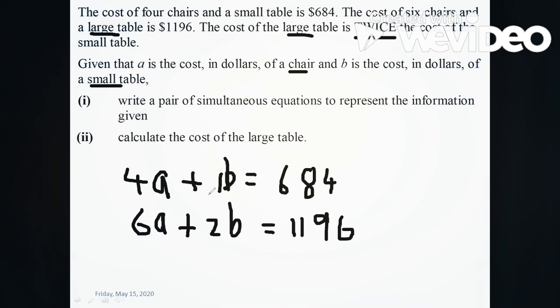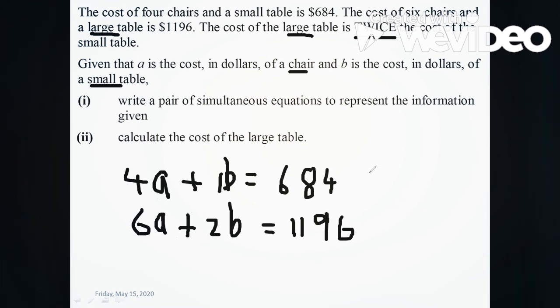In this case, we're going to get rid of b. When we get rid of b, we solve for a. Then we use that same a to find the b that we eliminated. Sounds like a big crime investigation, right?